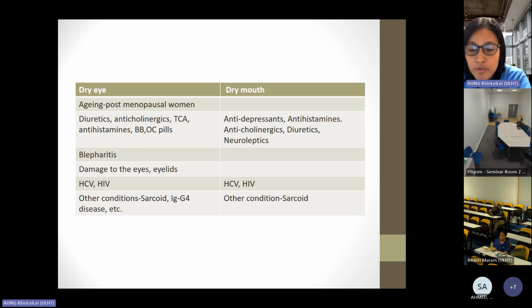Similarly, dry mouth as well. So whenever the patient complains of dry eye and dry mouth, we need to ask the drug history as well, because it is very common, especially when the patient is on a tricyclic antidepressant like amitriptyline, sertraline. They are very common.